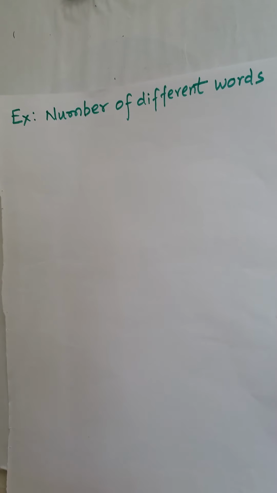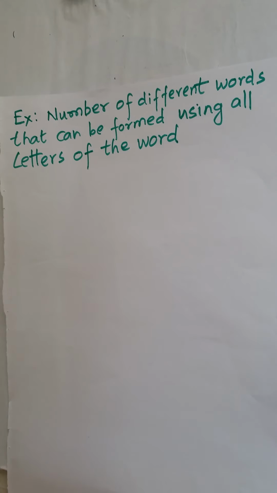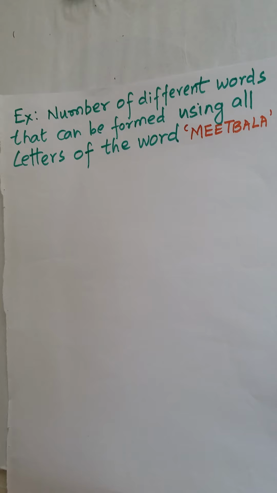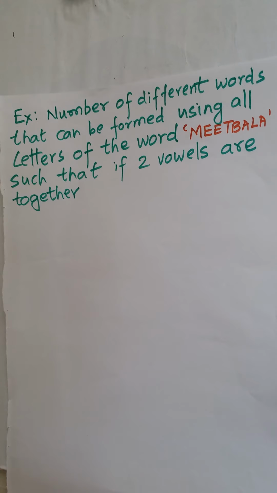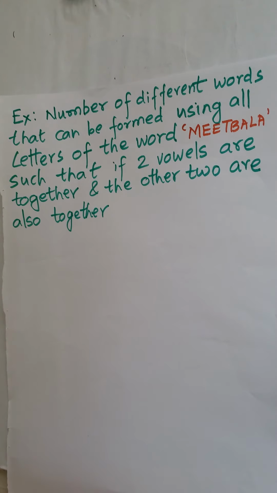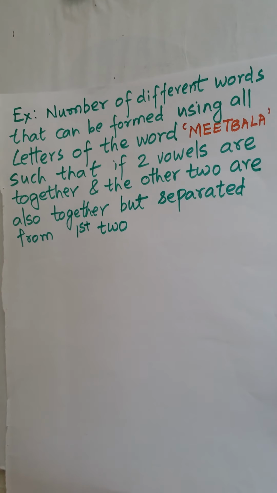Now let's take a different example. Number of different words that can be formed using all letters of the word Meetbala such that if 2 vowels are together and the other 2 are also together but separated from the first 2.